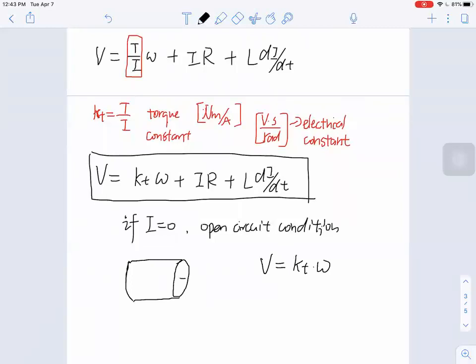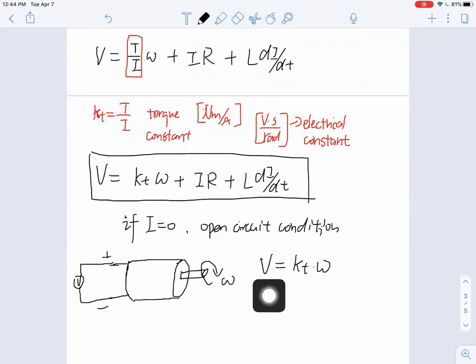And if we draw our motor here, on the other hand, we have positive and negative. Imagine you have a motor and you rotate this shaft with a certain angular velocity, you use your finger to spin the motor, and you add a voltmeter on the other end of this motor. You're going to read some voltage from the voltmeter when you rotate this motor with your fingers, right?